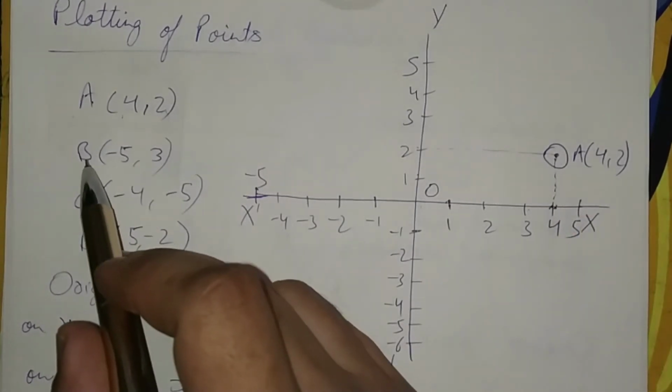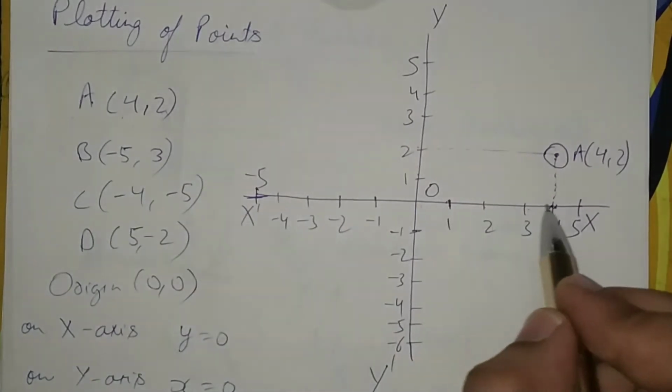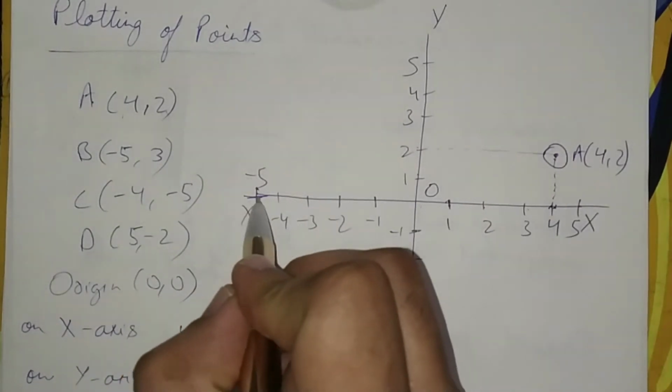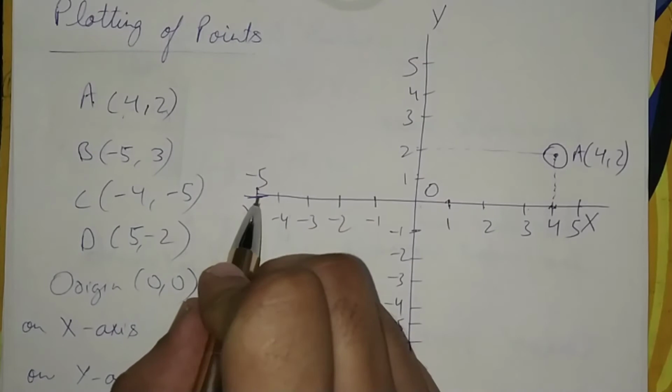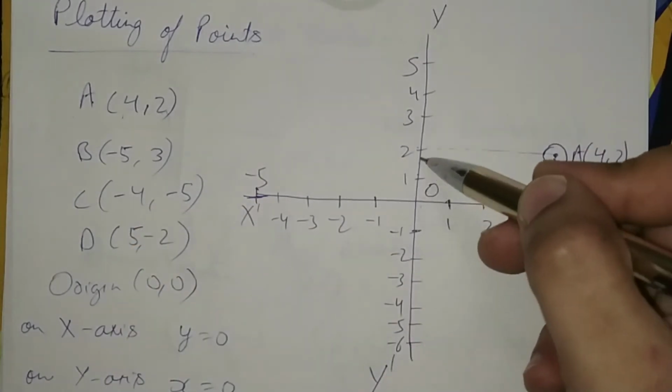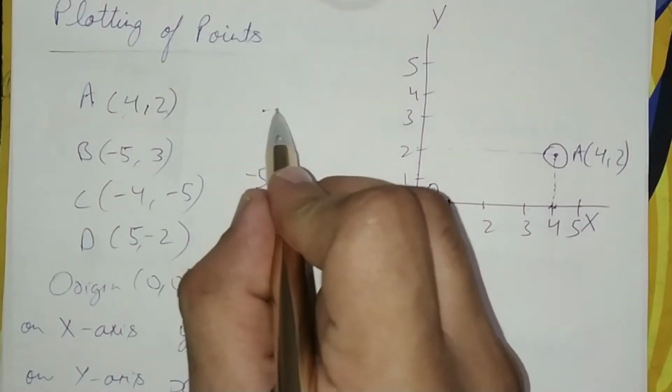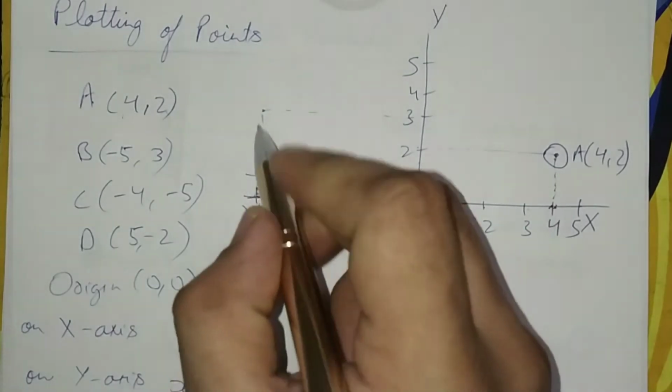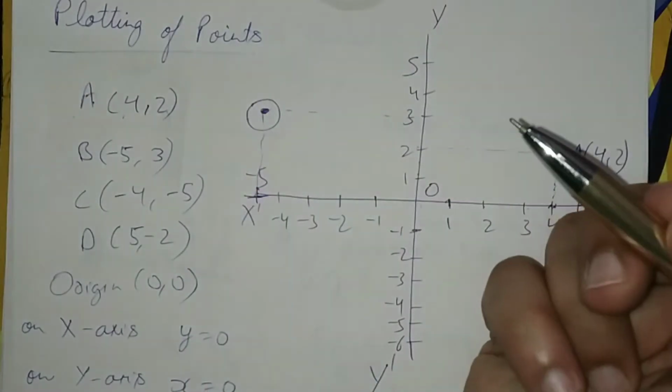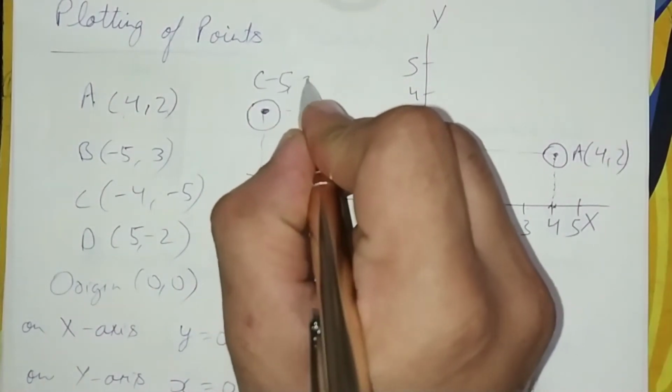Now we have to draw point B, minus 5 comma 3. On the x-axis this point is minus 5, and on the y-axis this is a positive 1, 2, 3. So this will be the point. This is minus 5 comma 3.